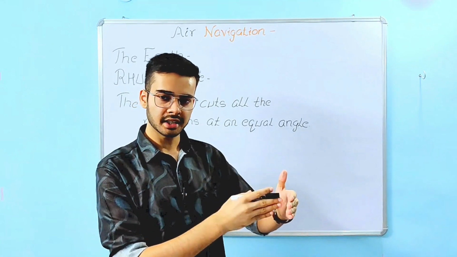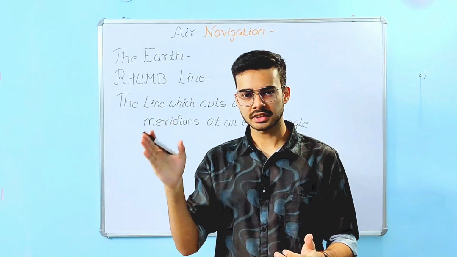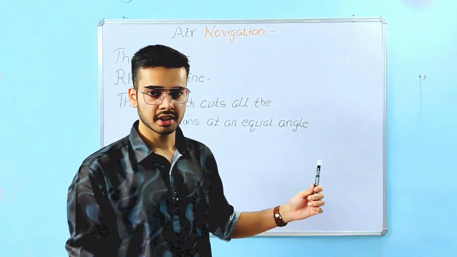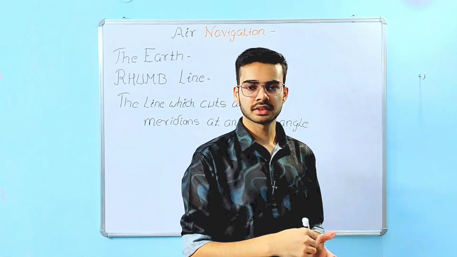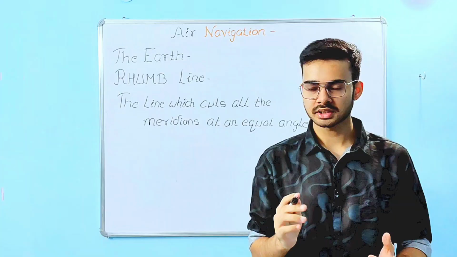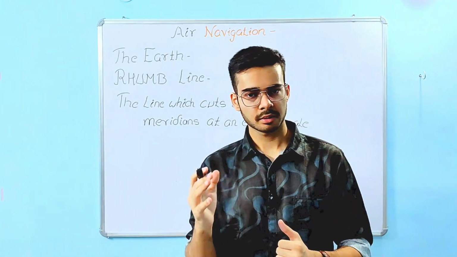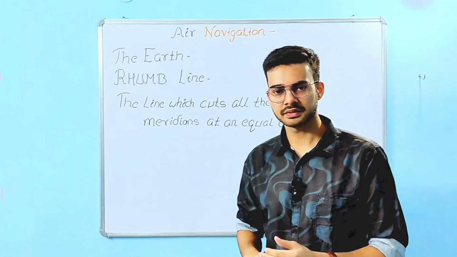That means our heading is 090, our heading is eastwards. Similarly, if we cut it at 270 angle, that means our heading is westwards. That's why we care. Now, if a line is cutting all the meridians on Earth at an equal angle, it means the true heading that we'll get on that line will remain constant all around the Earth on this line. That is the significance.